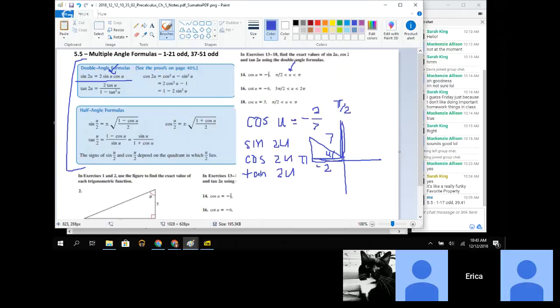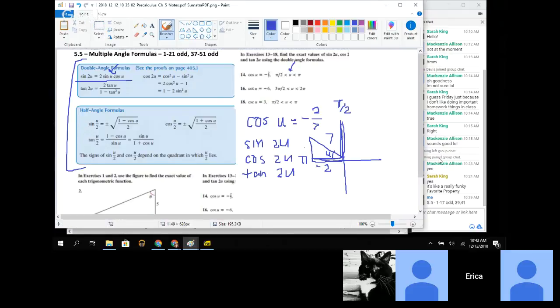So if I wanted to find my other side, could I do that? These are a little bit weird. If I wanted to find my opposite side, I can use Pythagoras.